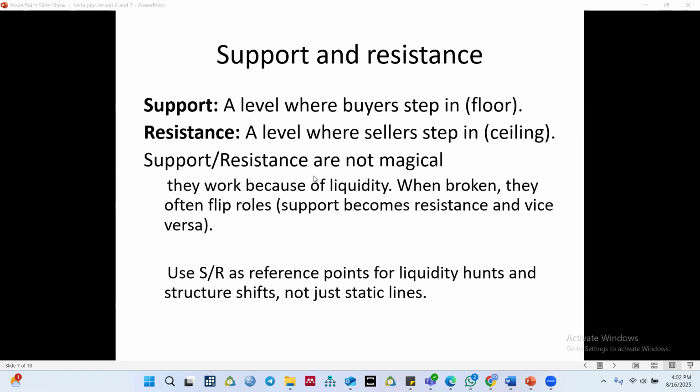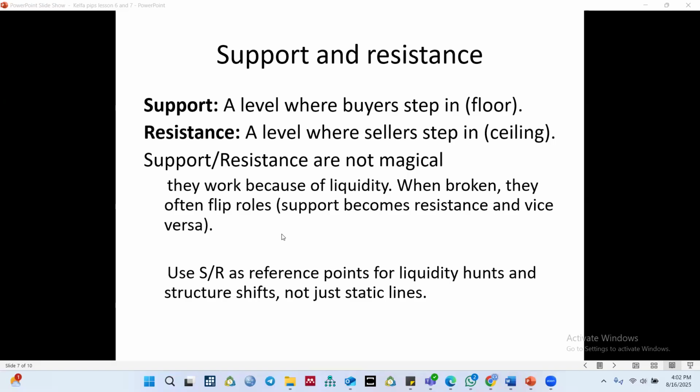So support and resistance are not magical areas. They work because of liquidity. Okay. When they are broken, they often flip roles. So support becomes resistance, resistance becomes support anytime they are broken. So you have to know that.